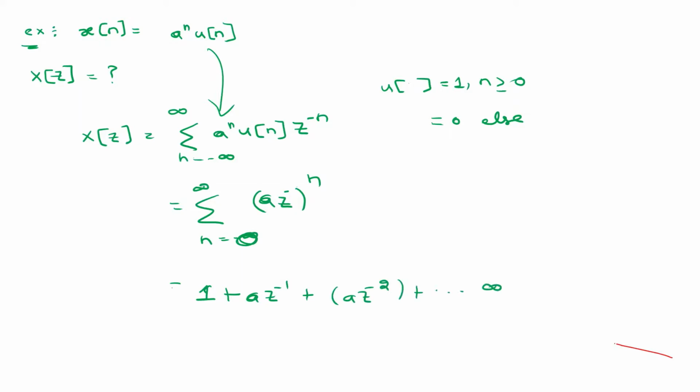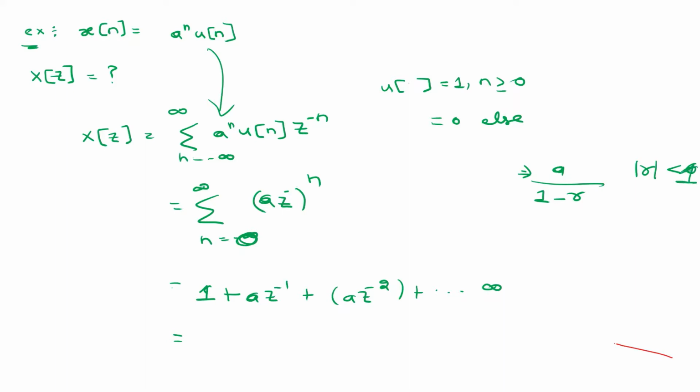Observing this, it is in the form of a GP. The sum of infinite GP terms is a by 1 minus r, where the modulus of r must be less than 1. I'm very sorry, earlier I said less than 0, but this must be less than 1.